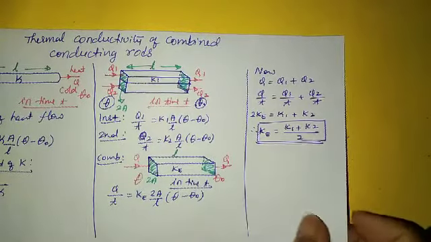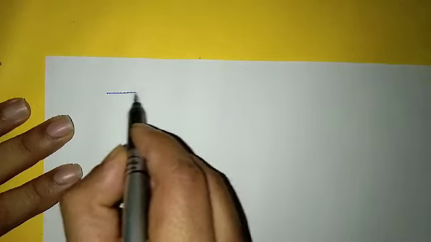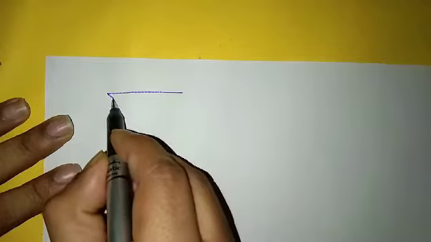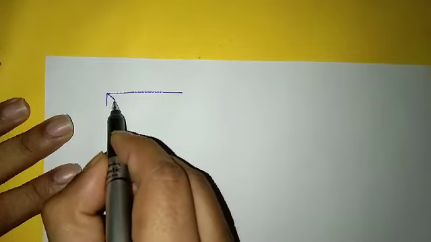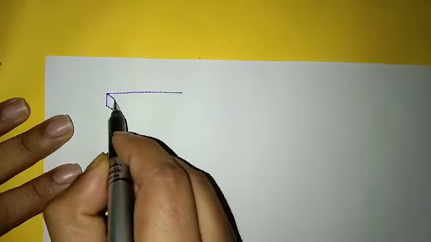Further, I can show you what happens if you connect the two rods in series, one after the other. Well, the situation may go like this. Here what I am drawing is the two conductors connected in this manner.